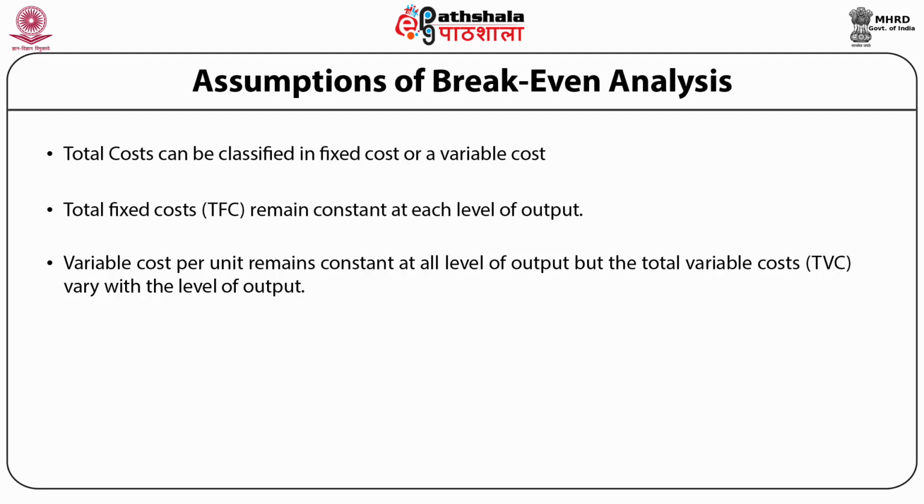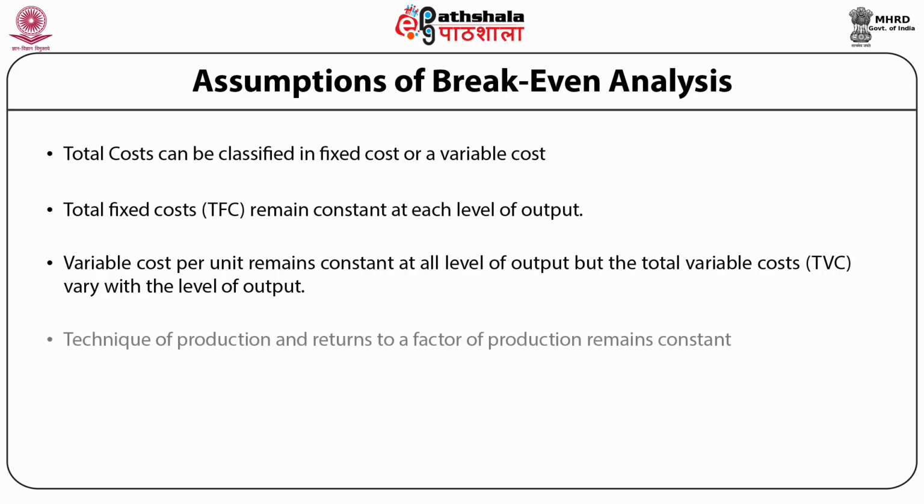The second assumption of the break-even analysis is that the technique of production and returns to factors of production also remain constant. That means the law of constant returns applies to the firm's factors of production. In other words, variable cost changes at a constant rate.